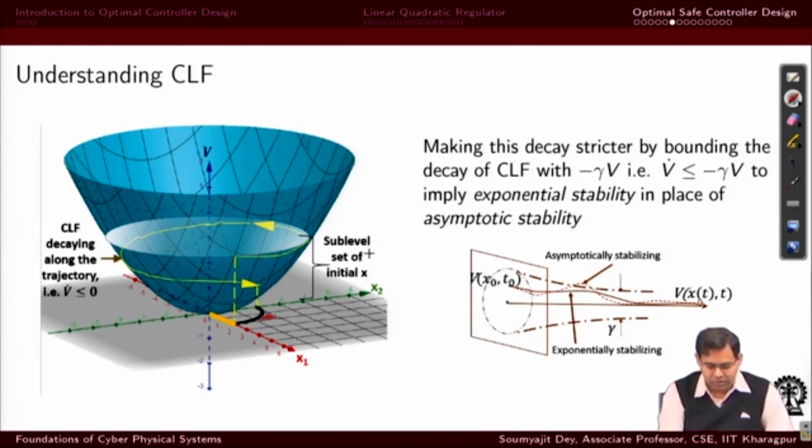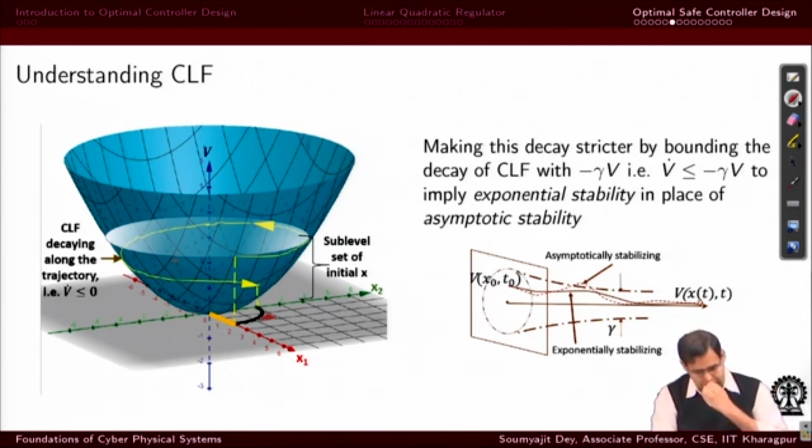Now, this white circle is a sublevel set of some initial value x. That means from here all the values will go below that value of x. And the CLF will decay along the trajectory because the derivative is negative. If it is negative, then I will always come down like this, moving around on the surface of the system.